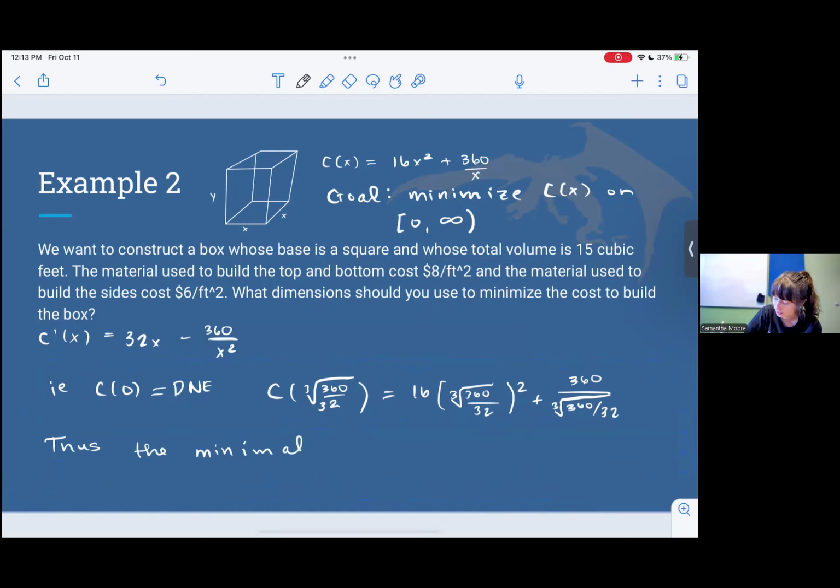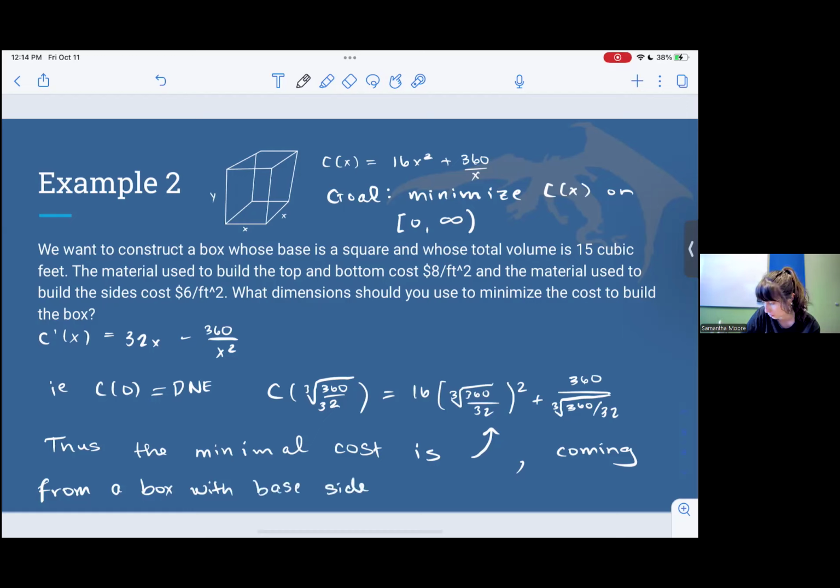So the minimal cost is going to be that amount coming from a box with base side lengths, which was our x value, right? So base side lengths of this cube root of 360 over 32.